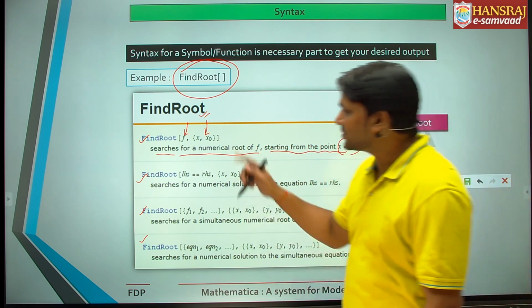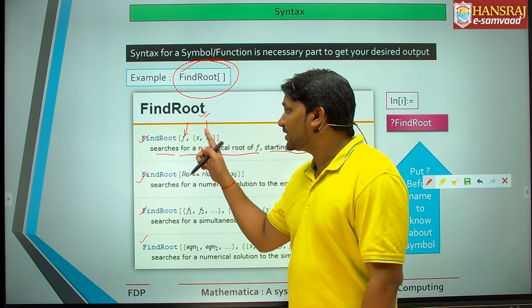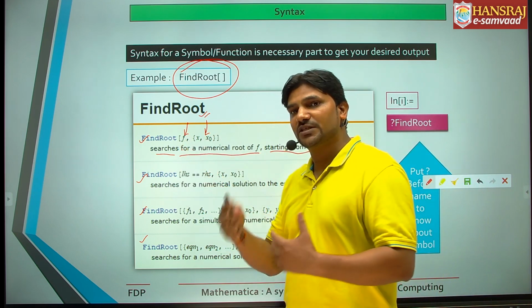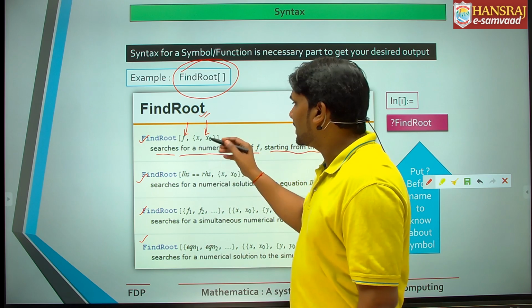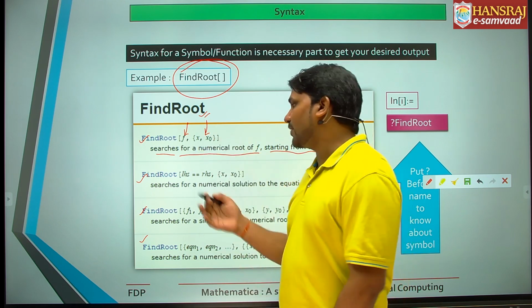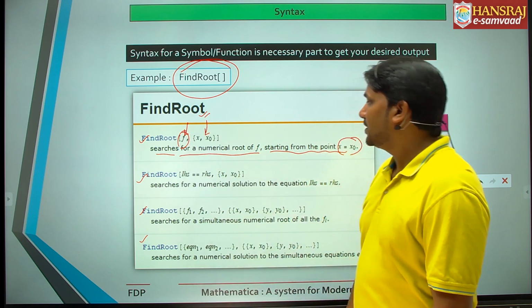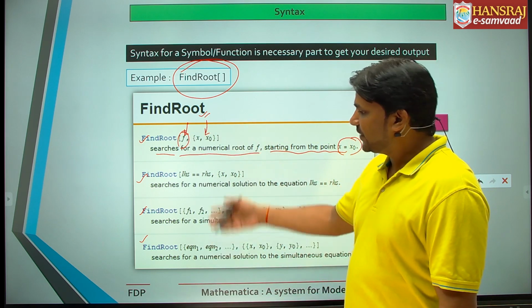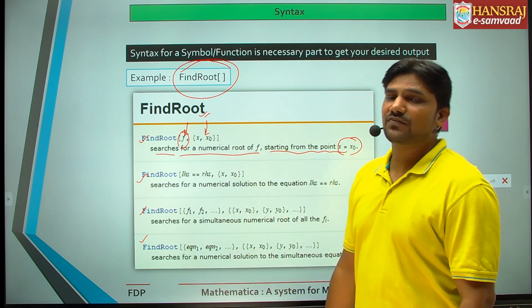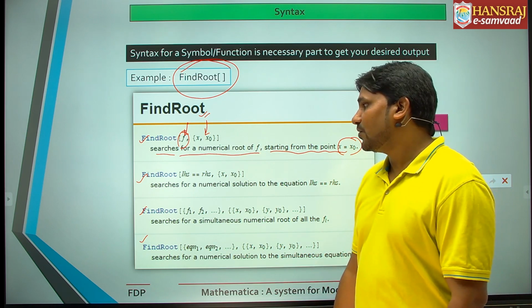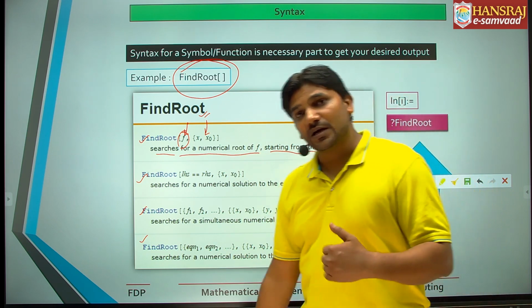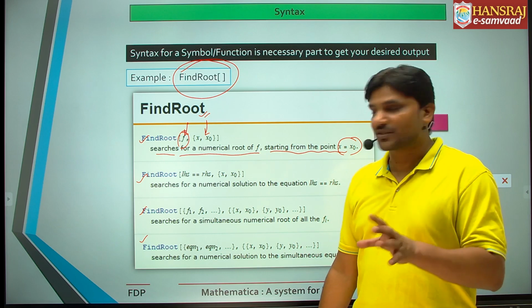So that is the starting value. For whatever function, we will search for one root, and you will easily get the value for that particular function. Like this we can understand how the function will work, and what is suitable for us to make a function work.